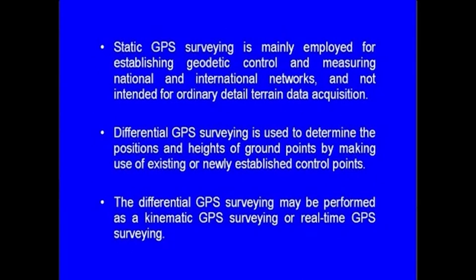Static GPS surveying is mainly employed for establishing geodetic control and measuring national and international networks and is not intended for ordinary detailed terrain data acquisition. That is to say that this is to be used for global areas and not for small local areas.